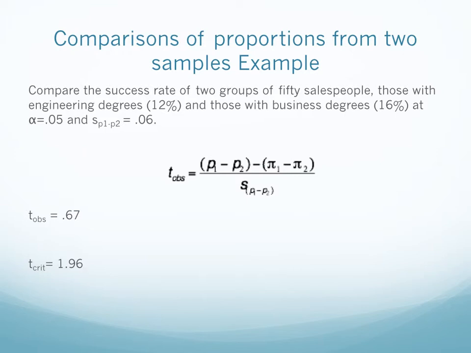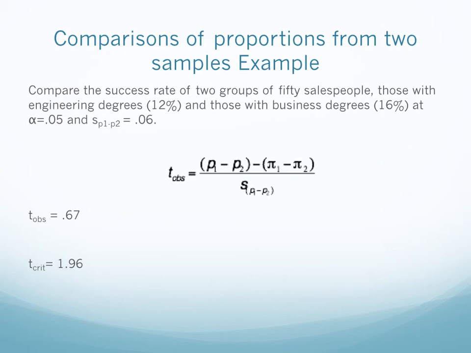We'll illustrate the comparison of proportions from two samples with this example. Compare the success rate of two groups of 50 salespeople. Those with engineering degrees, 12% success, and those with business degrees, 16% success, at an alpha of 0.05 and an observed standard deviation of the difference in proportions of 0.06.